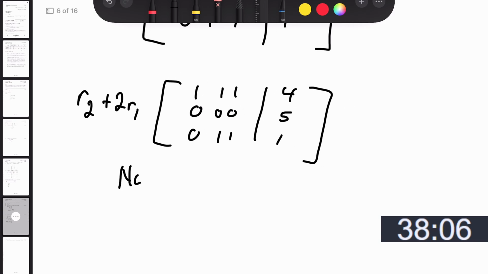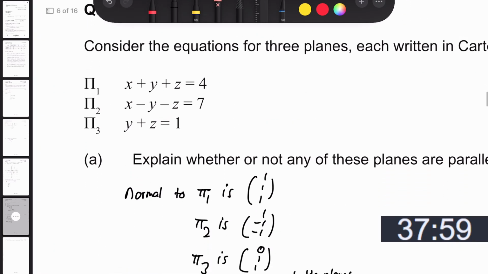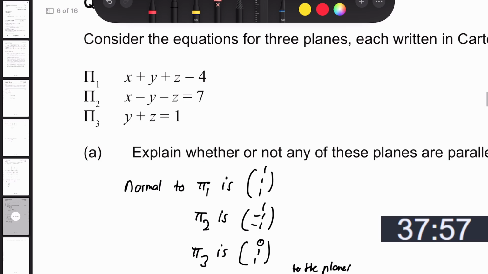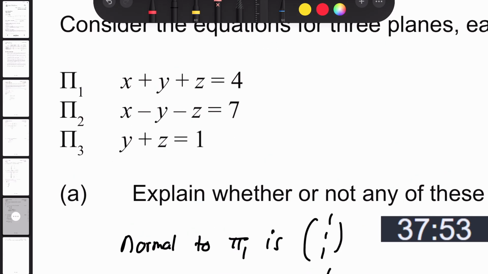No unique solution. These planes are parallel.